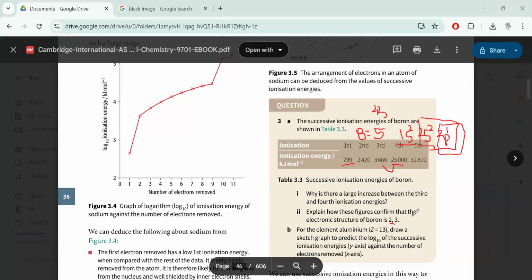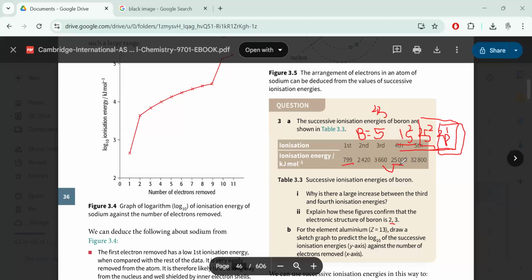Next: explain how these figures confirm that the electronic structure of boron is 2,3. This question is explained by what I've drawn here.